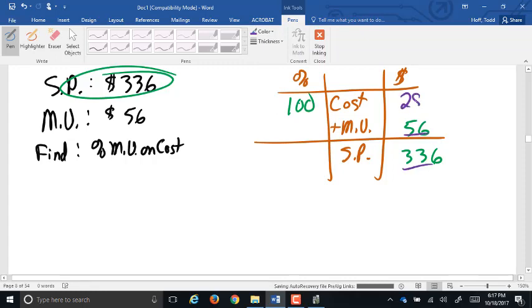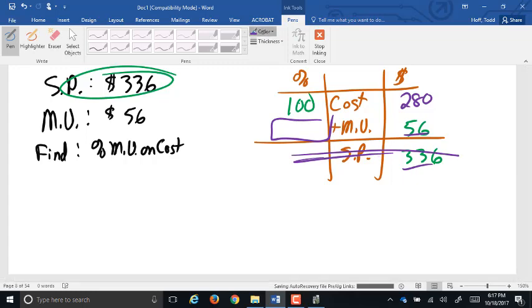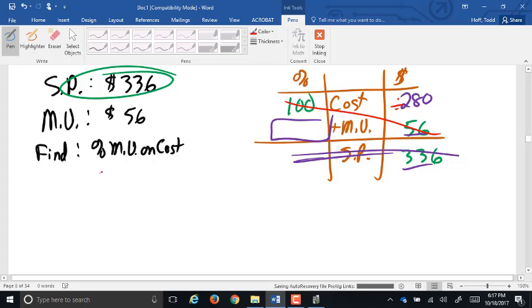Perfect. We subtract here to get $280 here. And we're looking for the percentage of the markup. Cross multiply and divide, we get 20%.